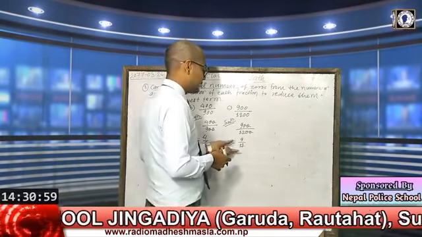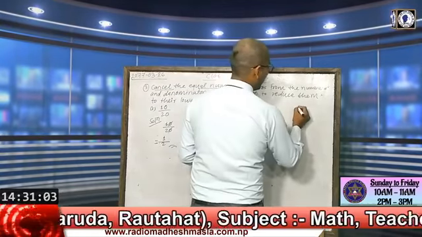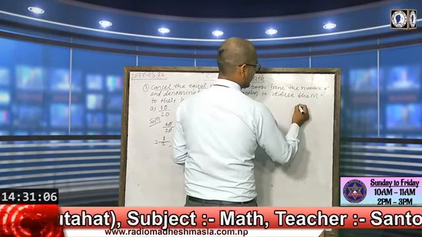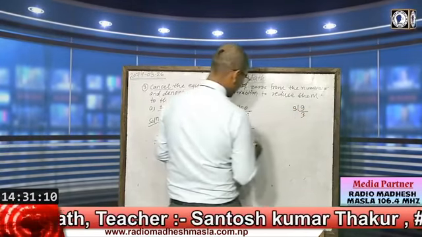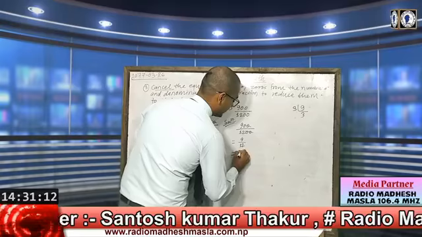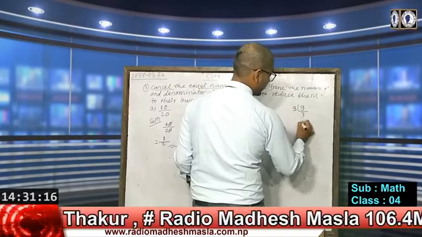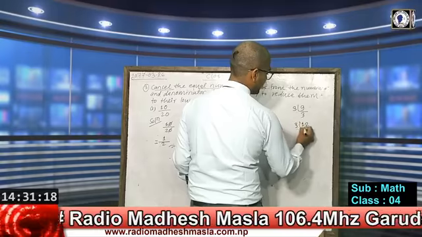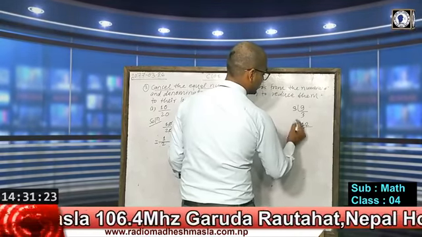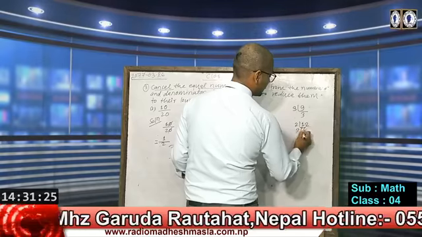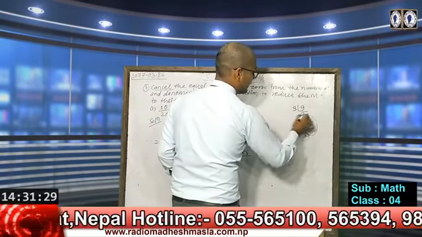In the table of 3 we can find 9 and 12 both. The factors of 9: 3 threes are 9, so in place of 9 we can write 3 into 3. In the same way, for 12 we can find the prime factors: 3 fours are 12, 2 sixes are 12, then 2 threes are 6. So in both, 3 is common.